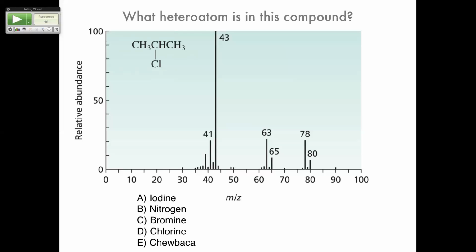If I ask for the structure, I'm going to give you something else, like an NMR. Because how many possible structures are there for C3H7Cl? There's just two, right? This one. And this one.